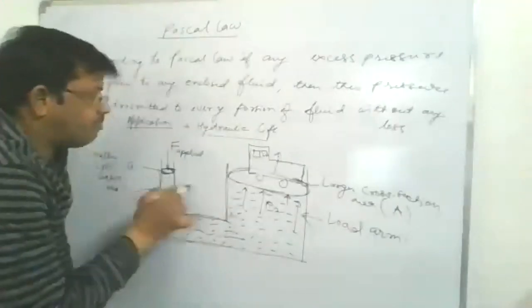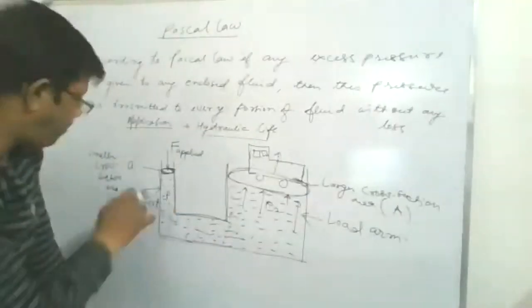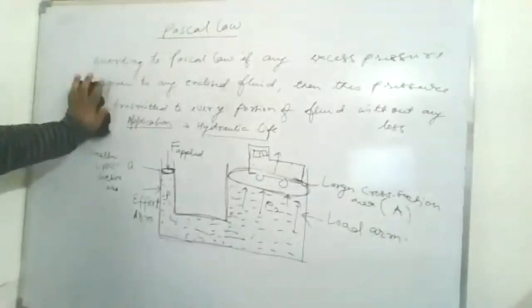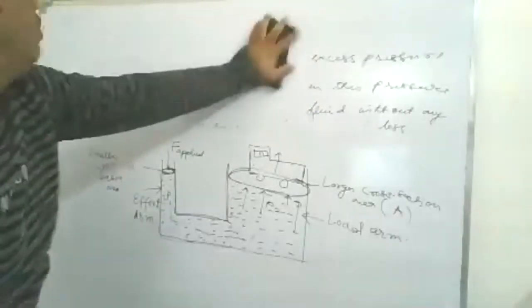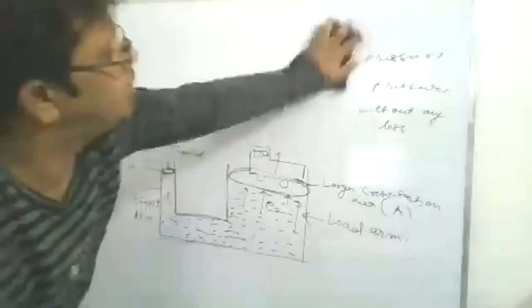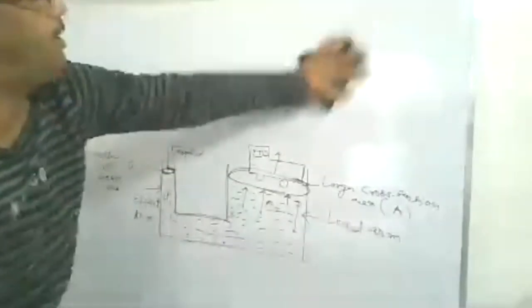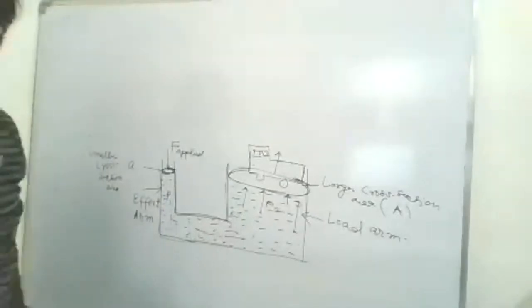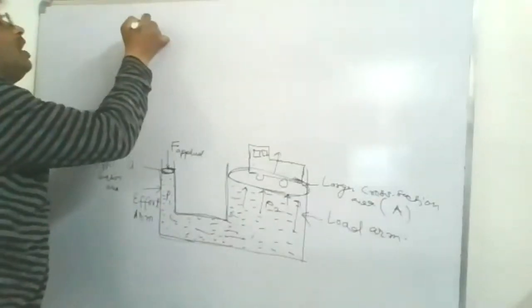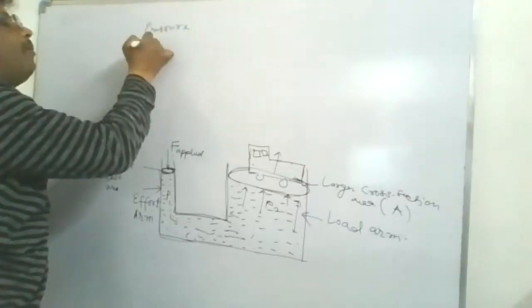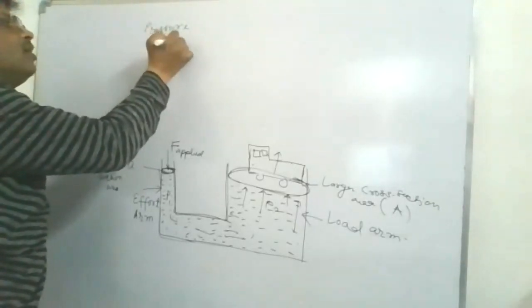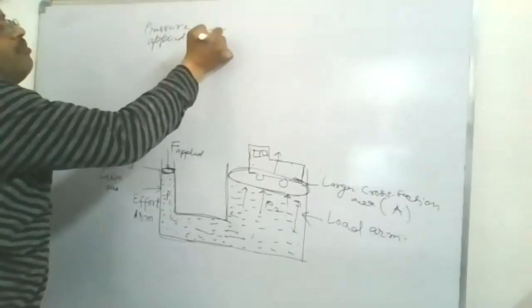Here this is the upper arm, this is the lower arm. Whatever pressure you apply on the effort arm reaches the load arm. So what is the principle behind it? It is Pascal's law.